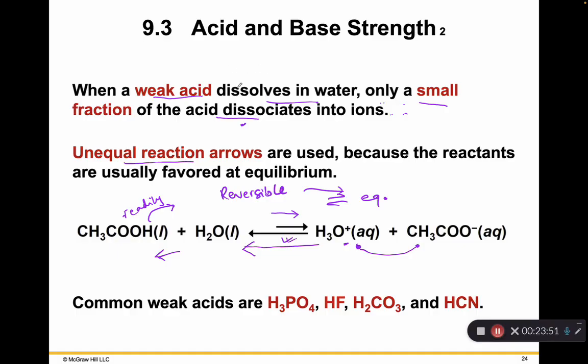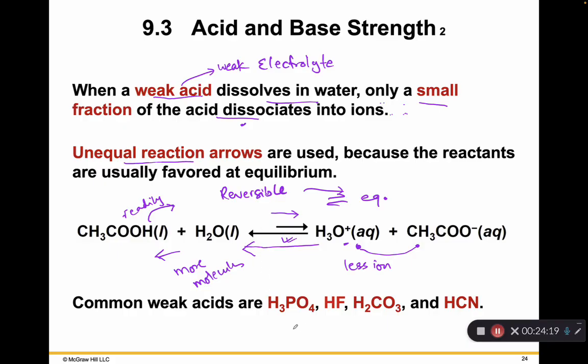If you remember electrolytes, we might have talked about them long time back. The strong acids are strong electrolytes, and weak acids are weak electrolytes, because they form fewer ions in the solution. They have more of the reactant molecules. So that is the weak acid definition.